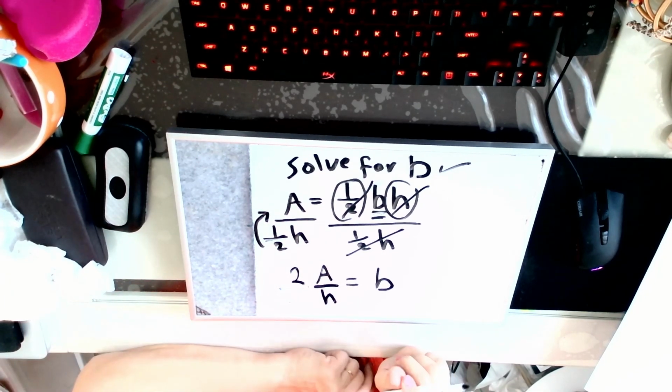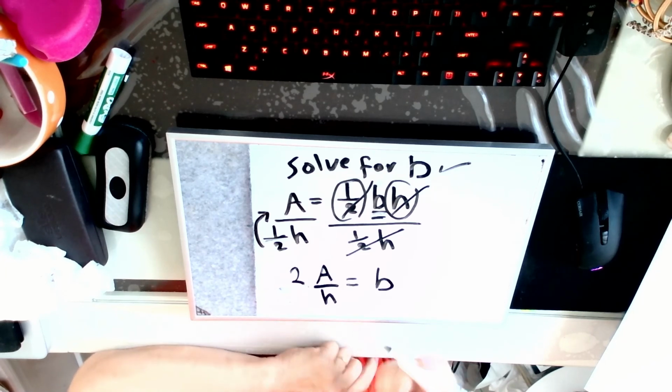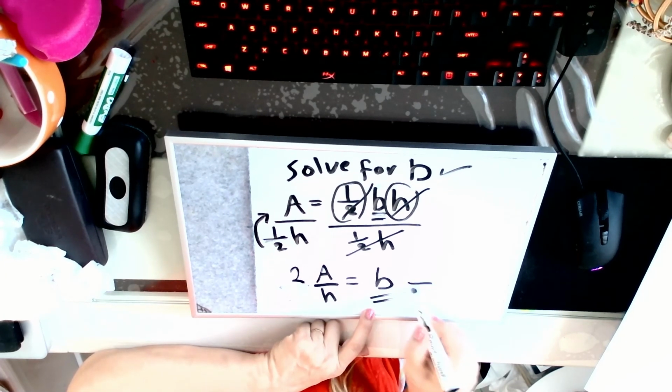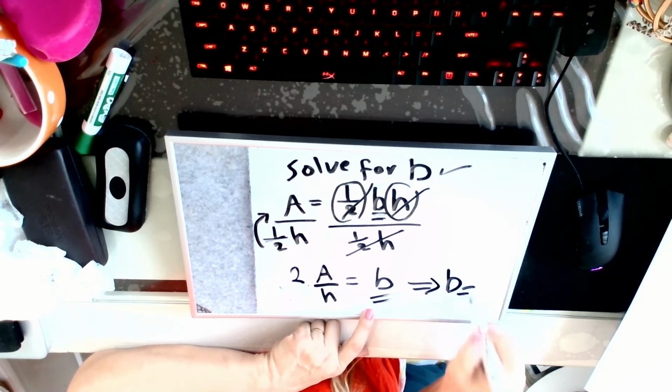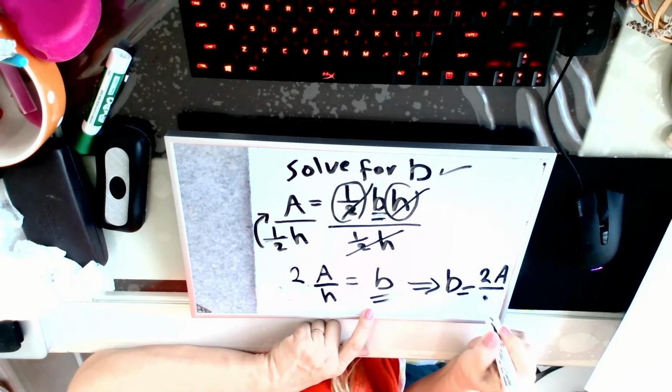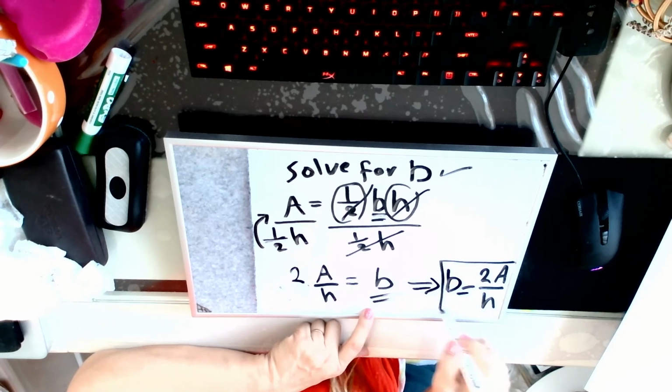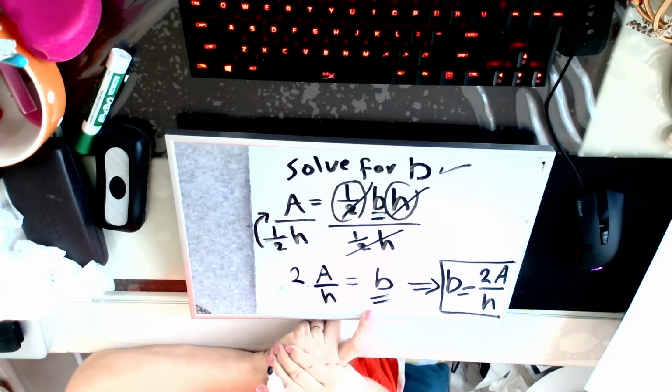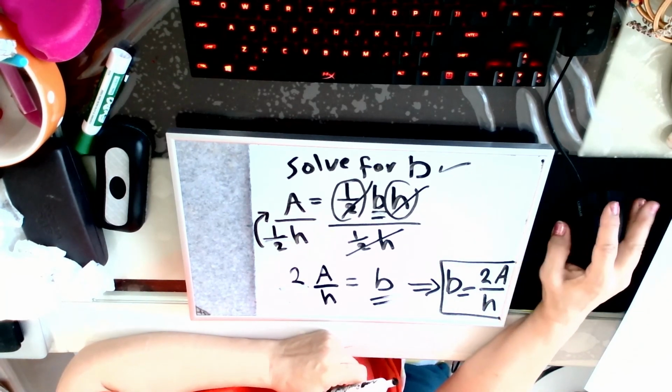So this is B, or you can write it like B equals 2A over H. Did you get it? Okay.